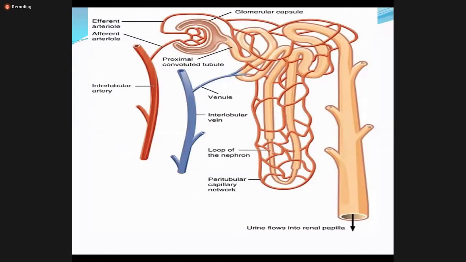This is the tuft of capillaries, and between the cells is the mesangium. This is the glomerular part, and this is the tubular part, which is composed of the proximal convoluted tubule, loop of Henle, and distal convoluted tubule. This is the basic structural unit of a kidney, which is called the nephron.